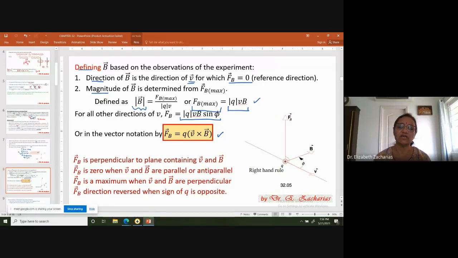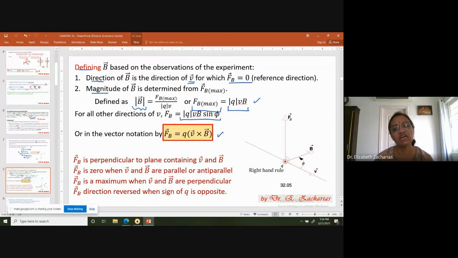You will find that the magnetic force is perpendicular to velocity. Whenever V and B are parallel or anti-parallel, FB is 0. Whenever V is perpendicular to B, then sine 90, FB is a maximum. And whenever V becomes opposite in direction, FB becomes opposite in direction.